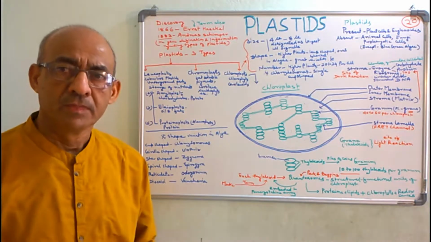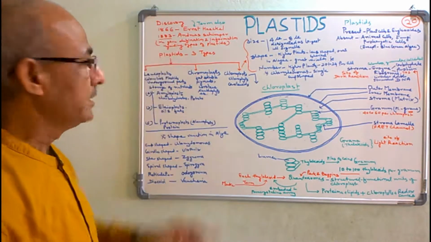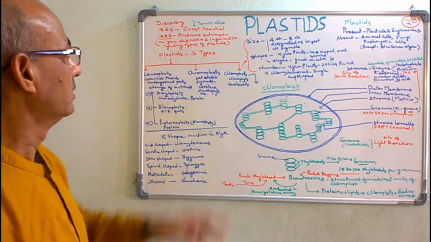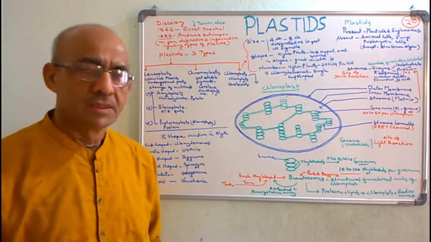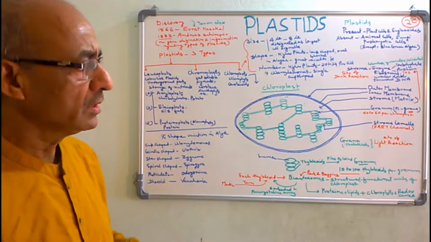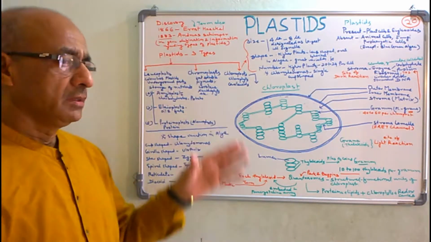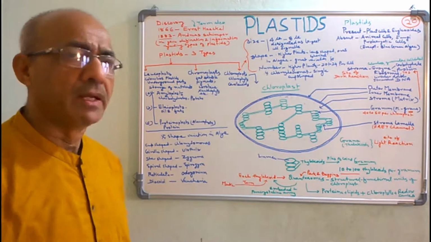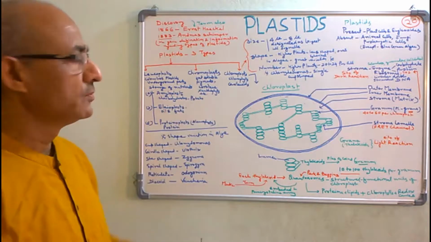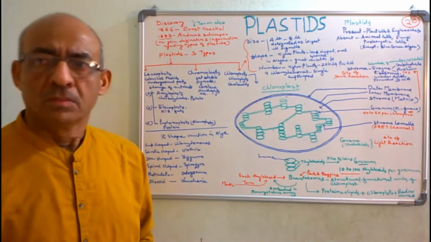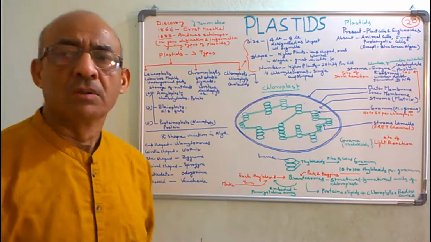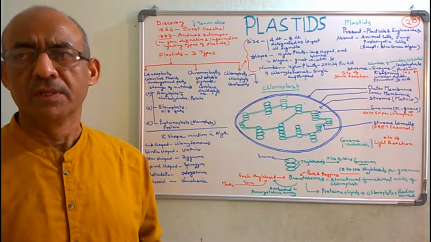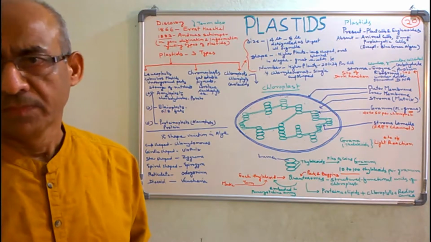After him, in 1883, another scientist, Andreas Schimper, defined the plastid in detail and informed more about the plastids.